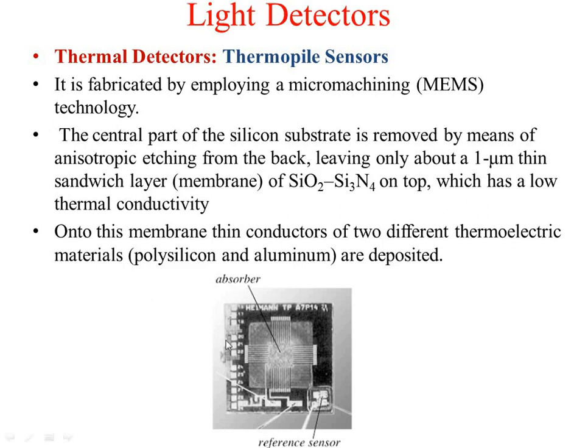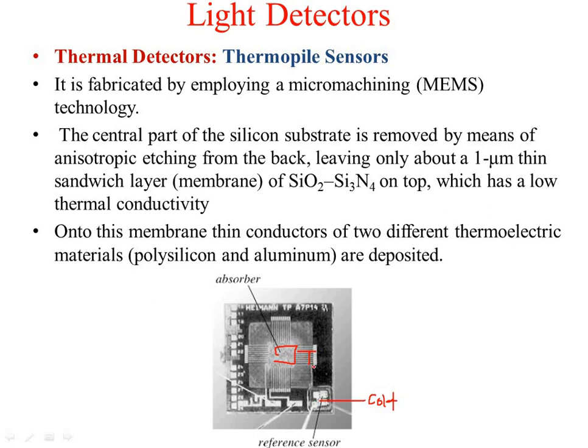Here you can see that the central part is the absorber. You can see the central part is the absorber, and here is the reference sensor you are using. This reference sensor you may call a cold junction, and this is the actual temperature you are measuring.